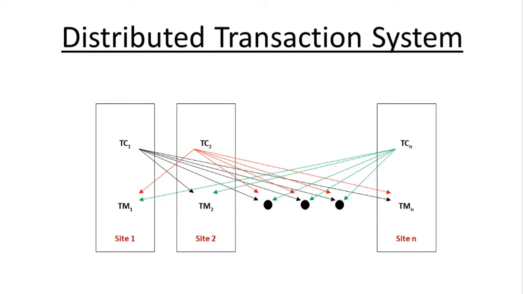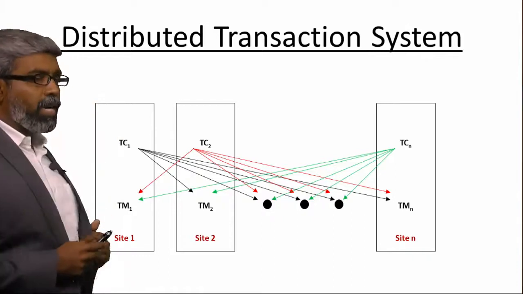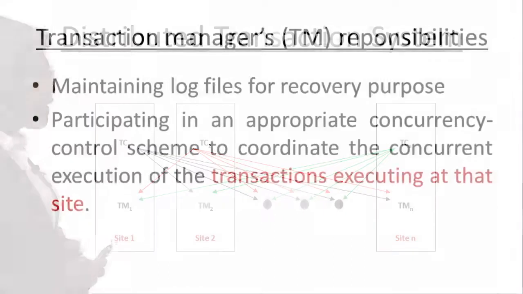If the transaction request comes from that particular region and the data are residing in different sites, say site 1, including site 1, it may be residing in site 2, site 3 and some other sites. In such case, the transaction coordinator is responsible for handling this transaction.